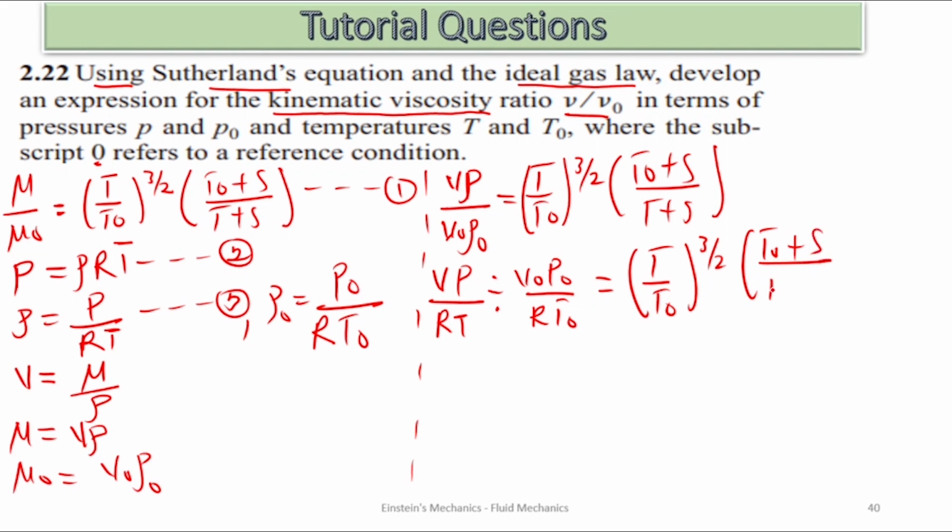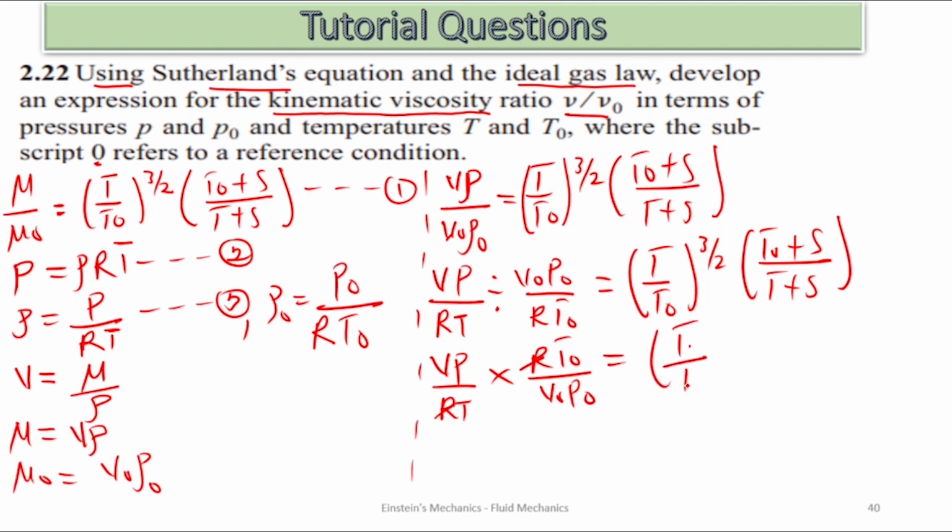This is a typical quiz or exam question where you have to prove. So I will transform this to a multiplication sign so that it will reciprocate. So Vp on RT will be times RT naught on V naught P naught. This R will take care of this R, equal to the whole of T on T naught.